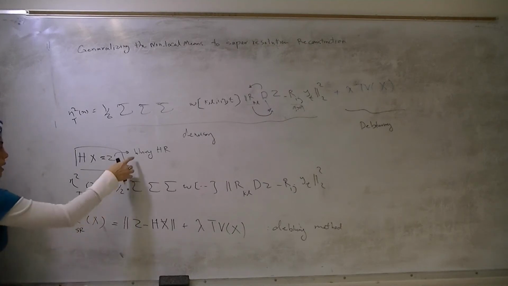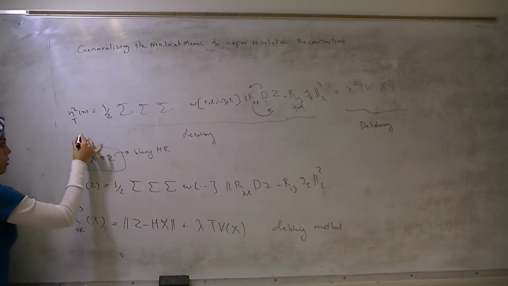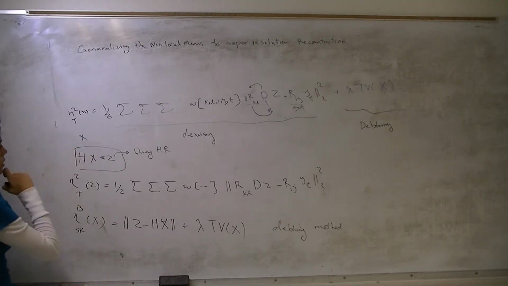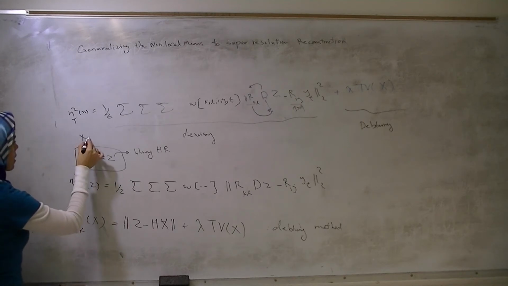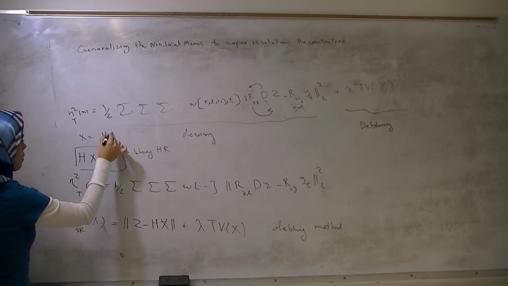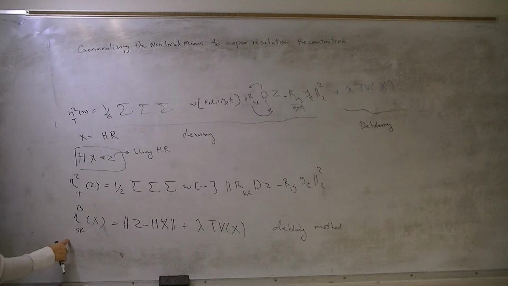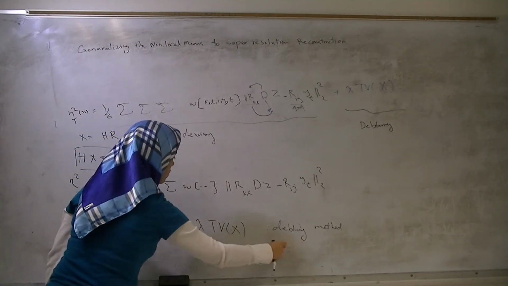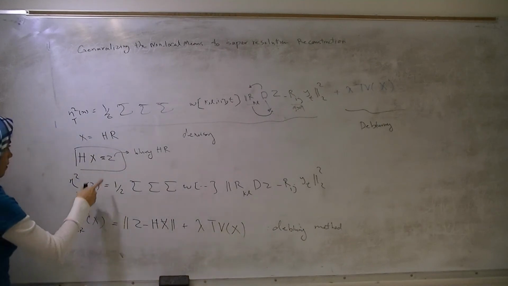For finding the x, as a high resolution image, we should apply the one deblurring method on the z and find the x.